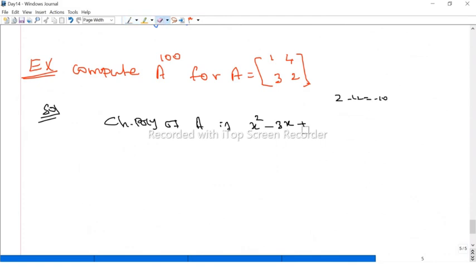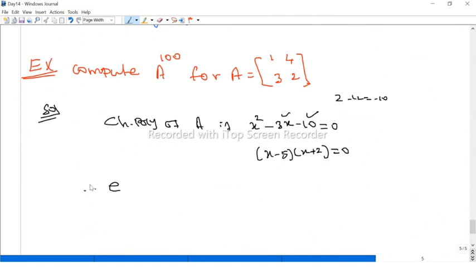We take this equal to 0, the characteristic equation. Now what are the roots? This is the product of the roots, this is the sum of the roots, therefore 5 into 2. We can write x minus 5 into x plus 2 equal to 0, then we get minus 5x plus 2x, which is minus 3x. Therefore the roots are 5 and minus 2.